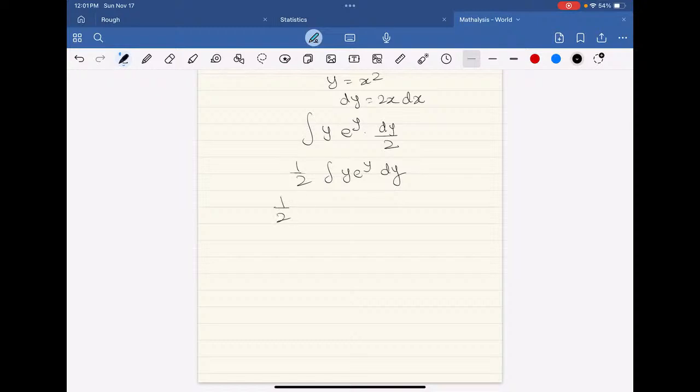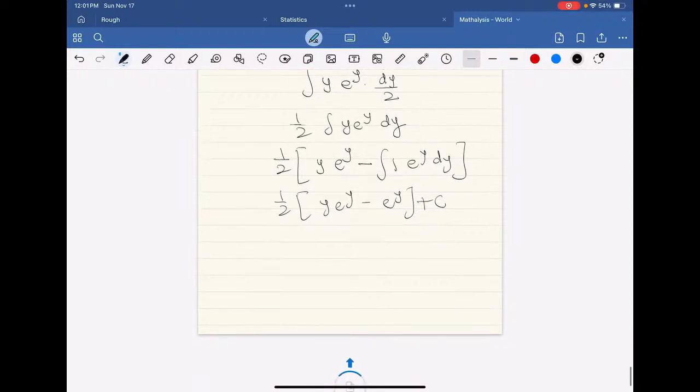Now half times, its integral will be, okay, if you use the UV rule, first of all u will be as it is. Integral of e to the power y is just e to the power y, minus integral of derivative of y, which is 1, times integral of e to the power y dy, right? And half, this is y e to the power y minus e to the power y plus c.